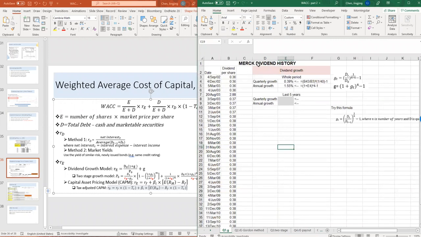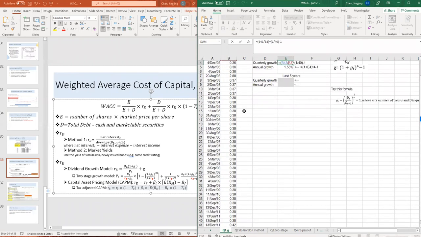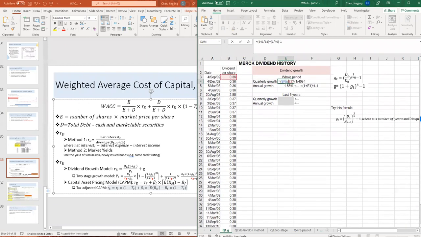So for dividend growth rate, we're actually here trying to get the growth rate over a period of time. So now for the whole period, we're using here the last dividend divided by the initial dividend, raised to the power of 1 over 4 times the number of years.